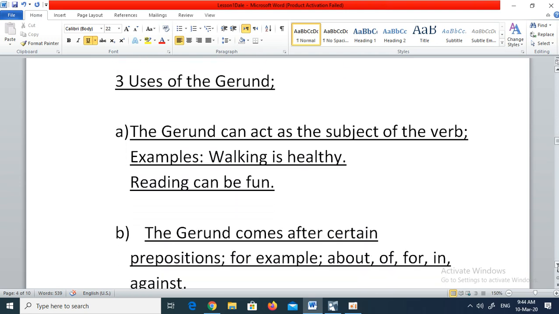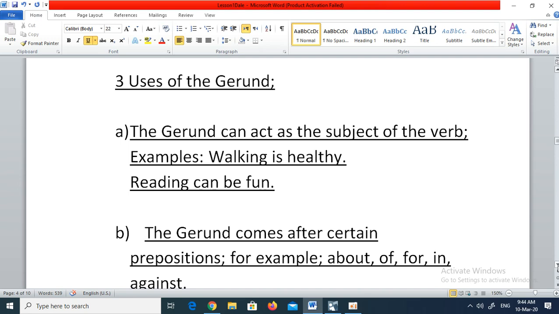All right, you should have taken the notes, and I'm assuming you've now unpaused the video. There are 3 uses of the gerund. The first use, the gerund can act as the subject of the verb. The examples: walking is healthy.